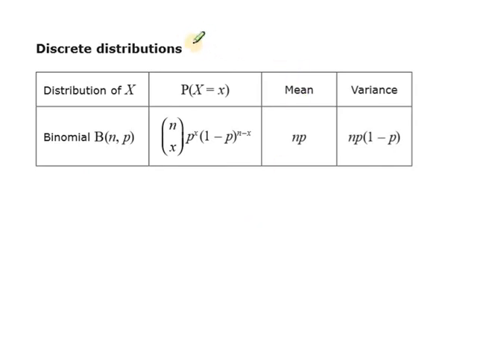You can find this in the Edexcel formula book. For the binomial distribution, we have a formula for the mean, n times p. You just multiply these values, and a formula for the variance, n times p times 1 minus p.